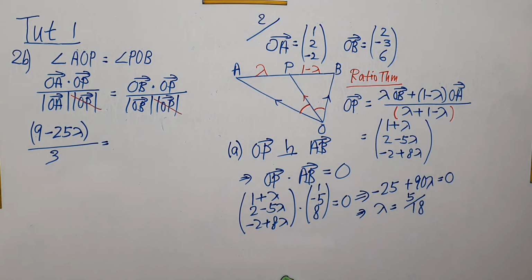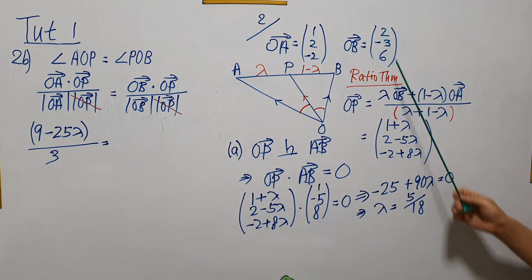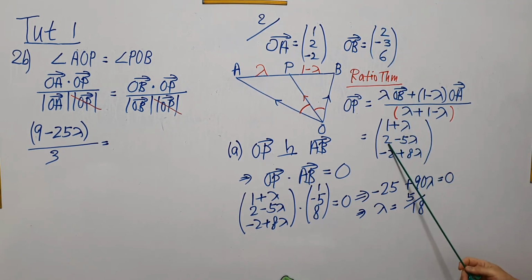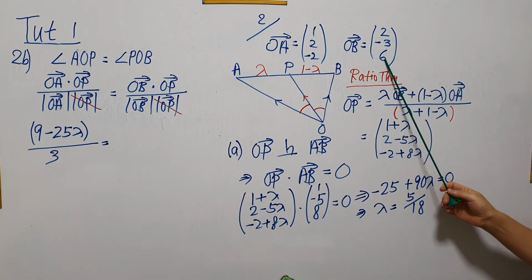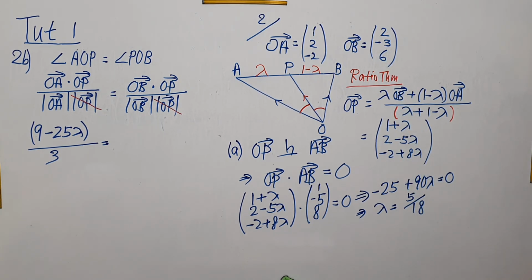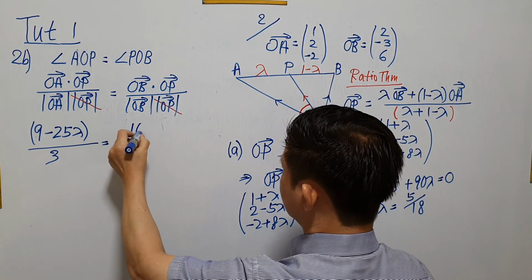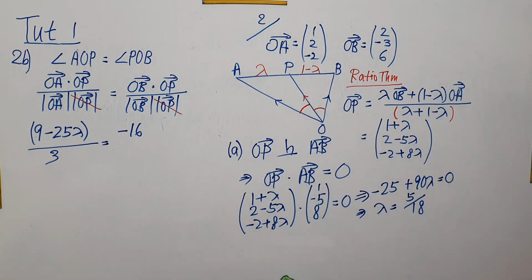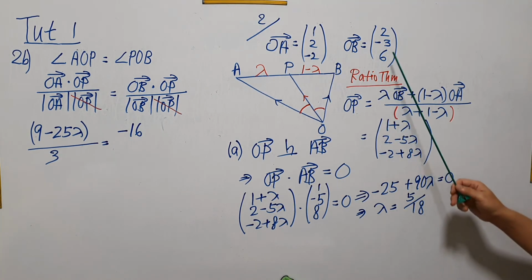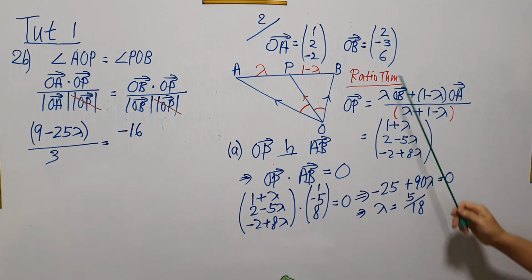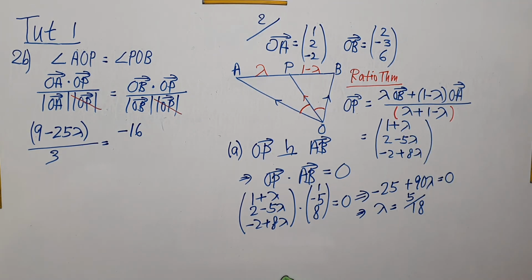Likewise, when I do the dot product of OB with OP, I do the numbers first. 2 minus 6, so it's minus 4. Minus 4 with a minus 12 is minus 16. Then the lambdas, 2 lambda plus 15, 17 lambda, 17 lambda plus 48, 65.